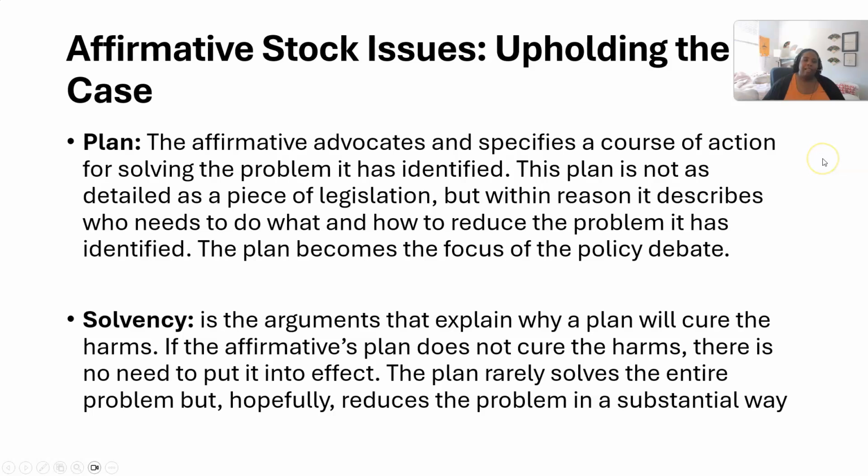Okay, so here is the plan. During a plan argument, the affirmative advocates for a specific course of action for solving the problem. You might focus on the harms and say, here's what's wrong, but here is our plan to solve it, and we explain why the plan will cure the harm.